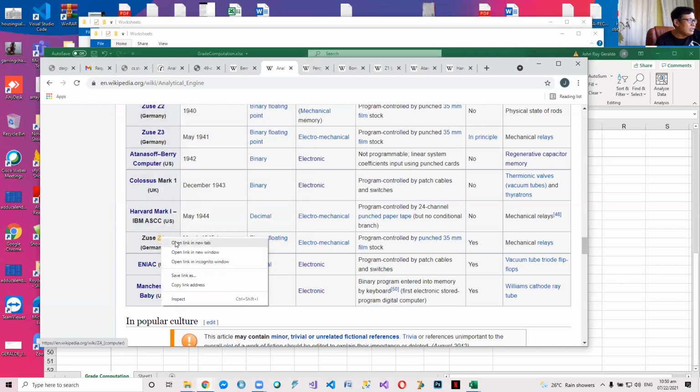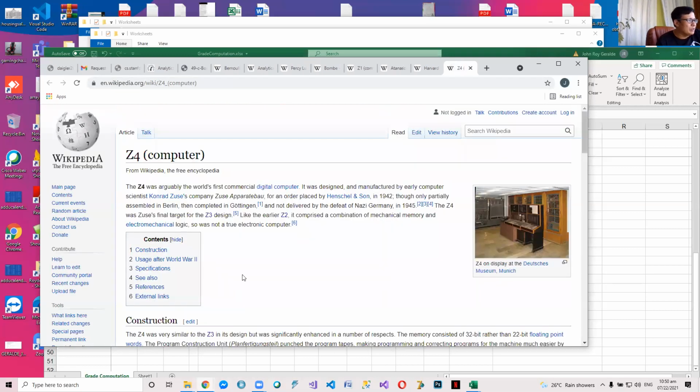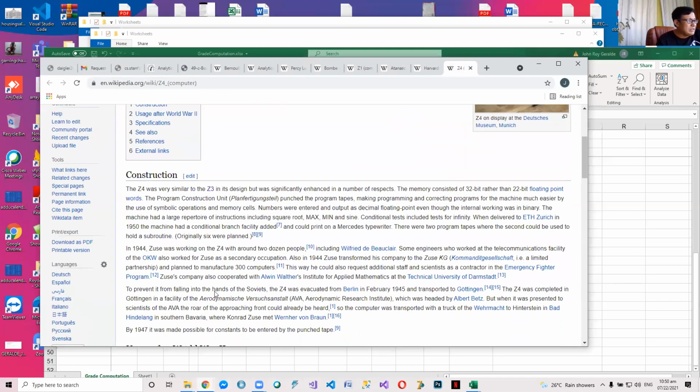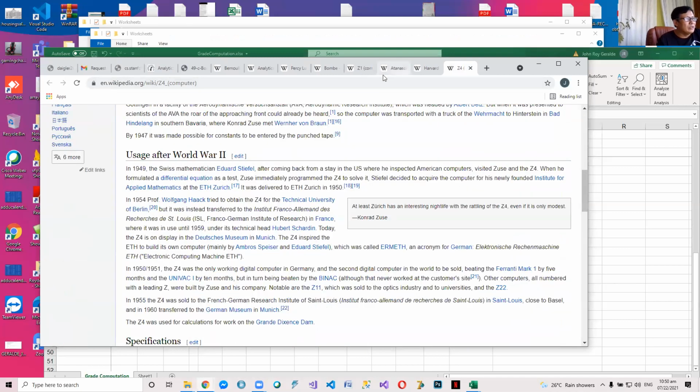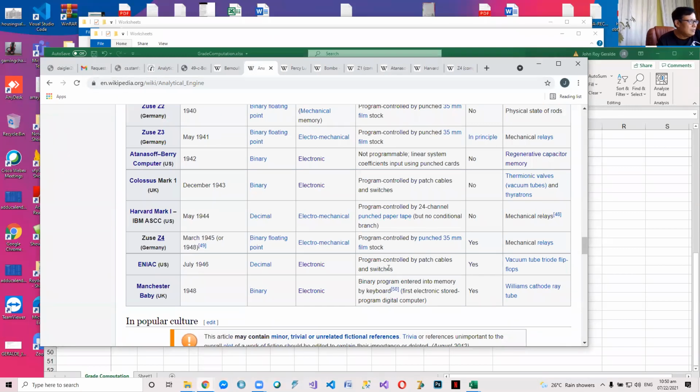Yes, Z4 is the first commercially produced computer, which means it was really sold at the market. You follow? Z4, mechanical relays. It was the first commercial computer. It's already binary, electromechanical, and it's Turing complete. Do you follow? Okay, Turing complete.